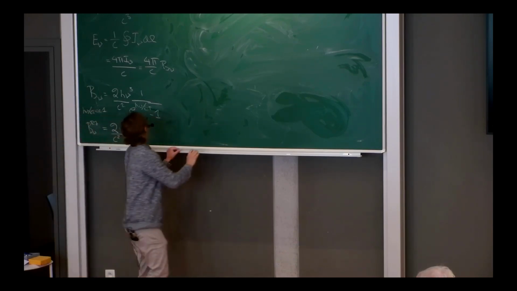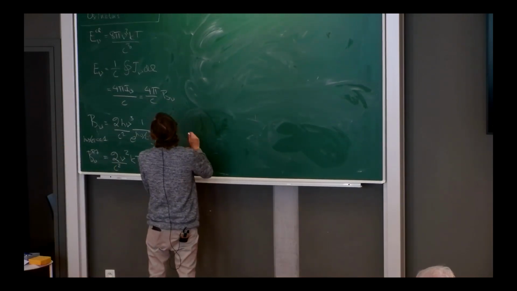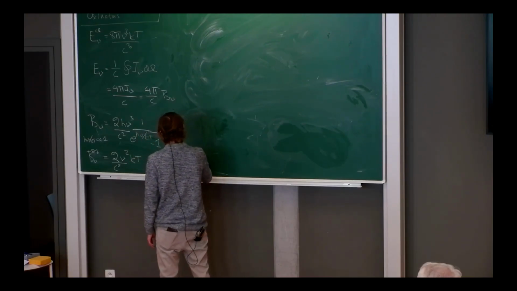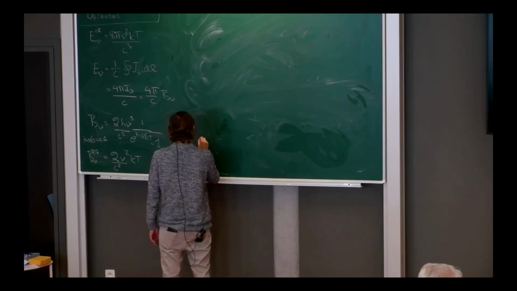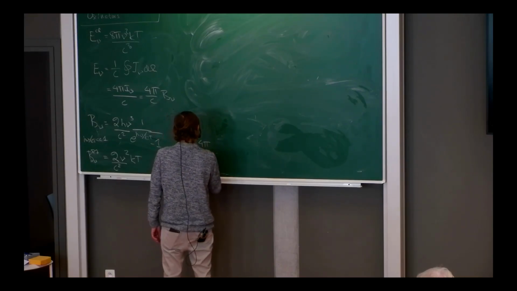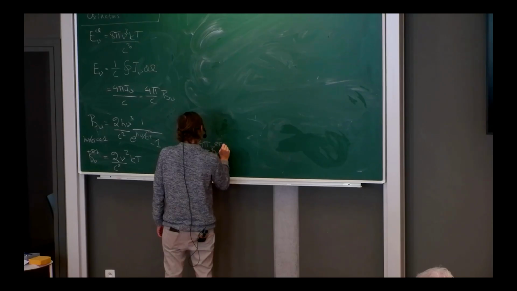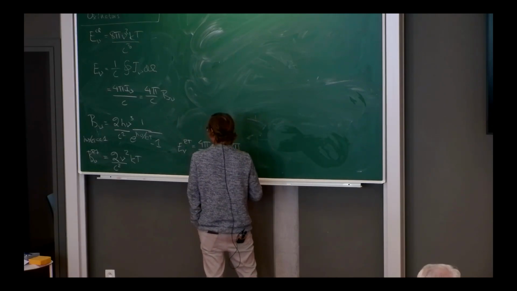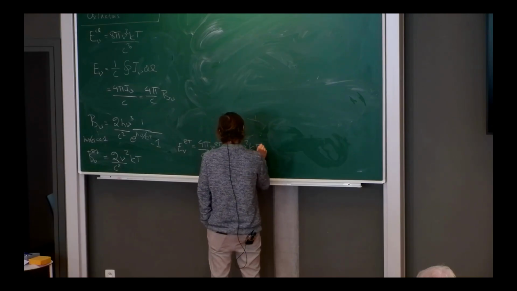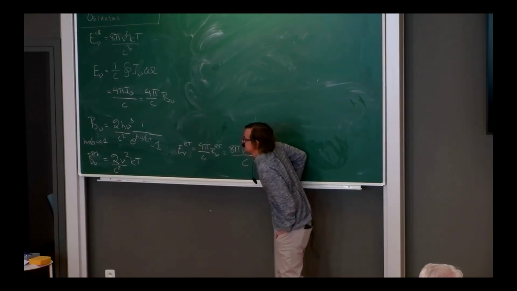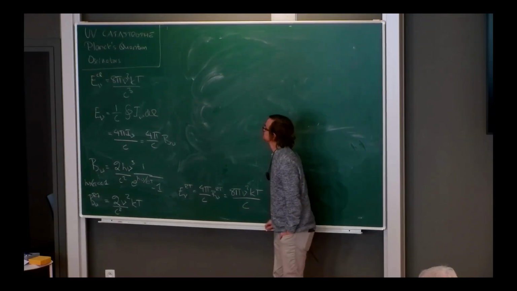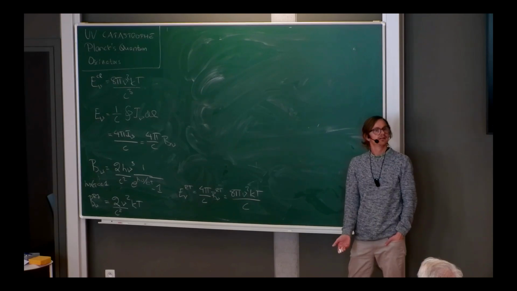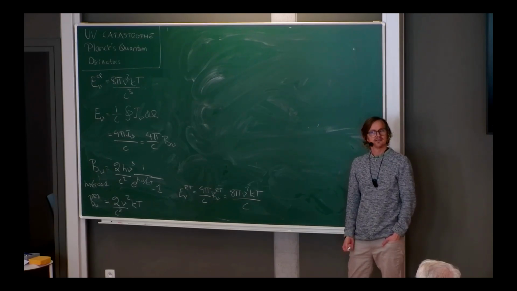Let's say that we have now E nu in the Rayleigh-Jeans limit. That's just 4 pi over c times B nu Rayleigh-Jeans, which is 8 pi nu squared kT divided by c cubed, the same thing as we got from the classical oscillator.